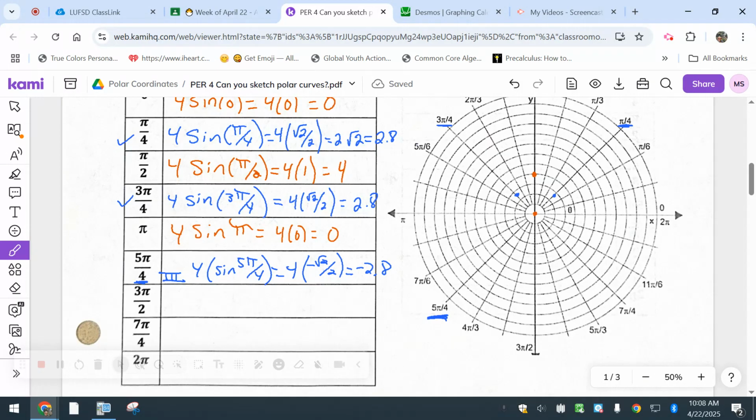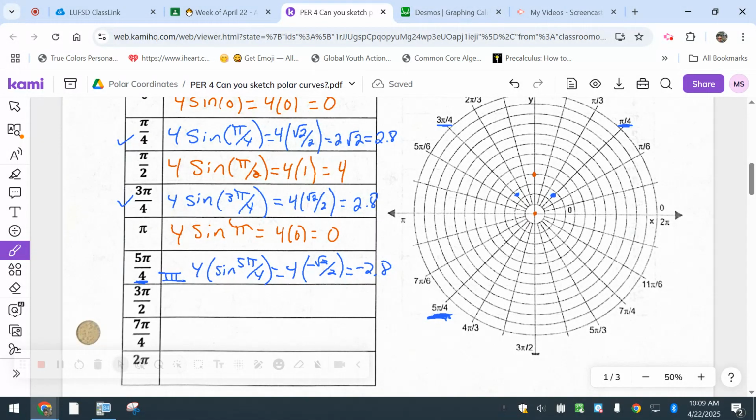So now, this is the interesting part. You want to remember that that's an r value, right? So my angle is 5 pi over 4, which puts me here. But the problem is my r is negative, right? So when your r is negative, remember you reflect through the pole, and I would actually end up back at my first point in the first quadrant, okay?